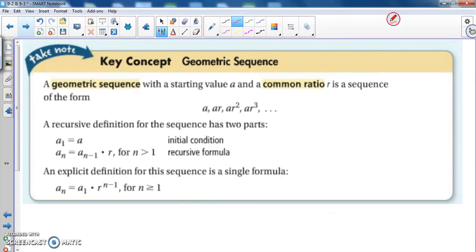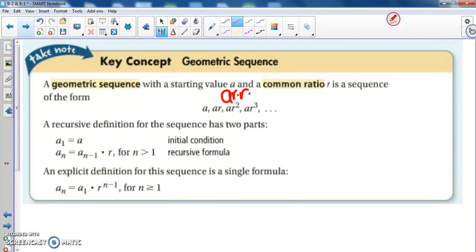Now on to geometric sequences. A geometric sequence with a starting value a and a common ratio r is a sequence of the form a, a times r, a times r squared, and then a times r to the third.